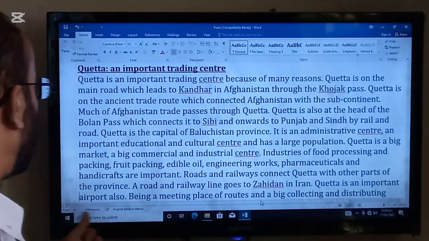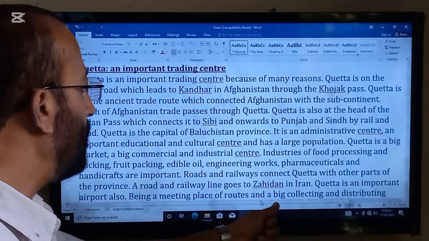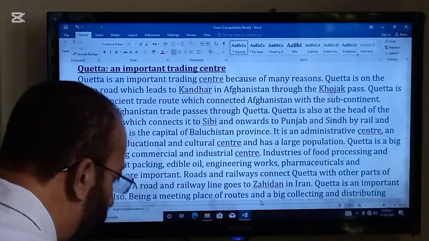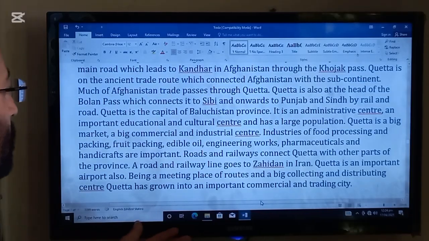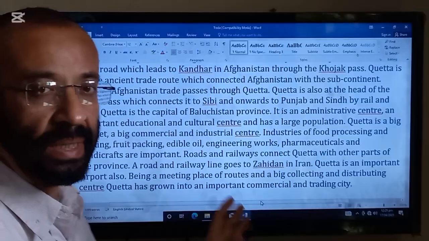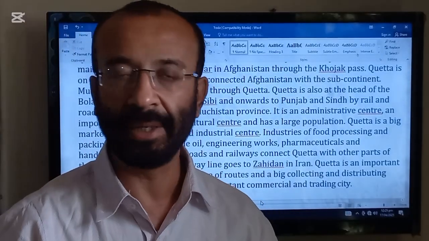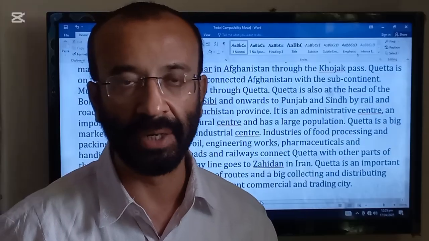Quetta is also an important airport, being a meeting place of the routes and a big collecting and distributing center. Quetta has grown into an important commercial and trading city. So these are the points which are very important for Quetta being a very important trade center.